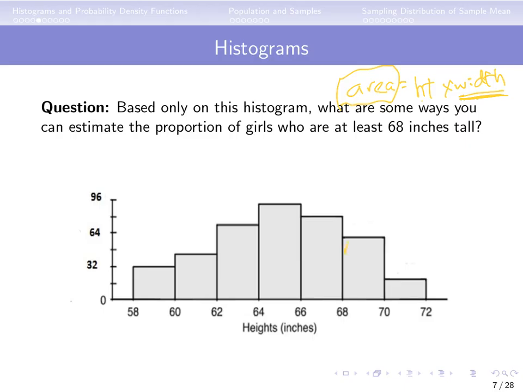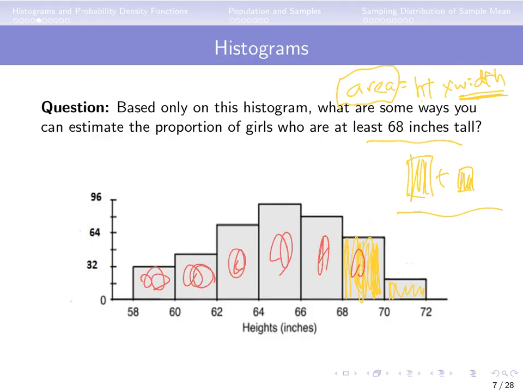So I could find this area. If I want at least 68 inches tall, I need this area here and this area here. I take this area plus that smaller area, and then divide it by the areas of all of these shapes, all these rectangles.